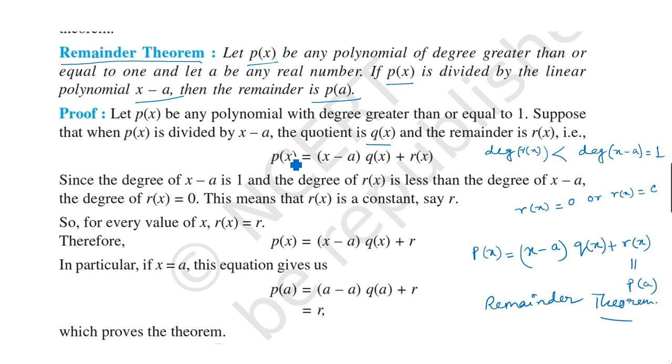We can put a in place of x, and we get p(a) equals a minus a into Q(a) plus R(x), which is a constant, that is p(a) equals R. So the remainder is p(a). This p(a) can be 0 or some other constant, but it is a constant, obtained by replacing x by a in P(x).